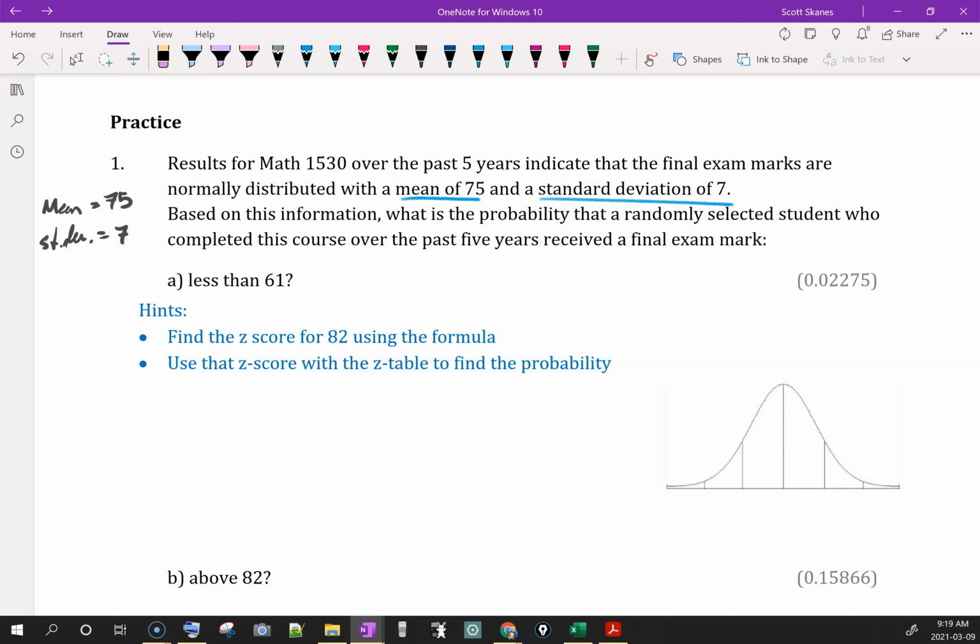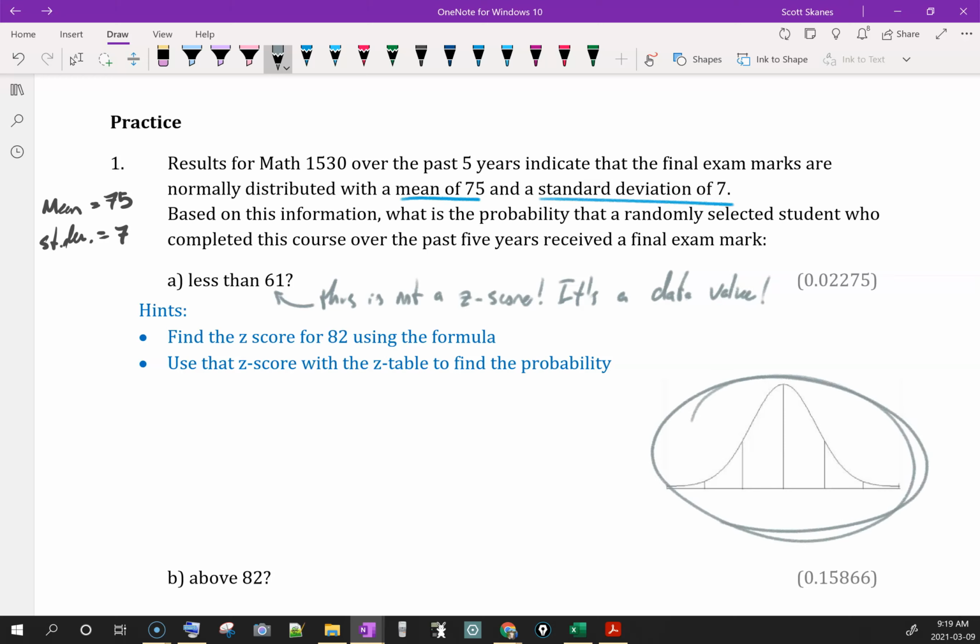So normally we want to find the probability less than a z-score. But what we have here is not a z-score. It's a data value. So we can't put it on this diagram.